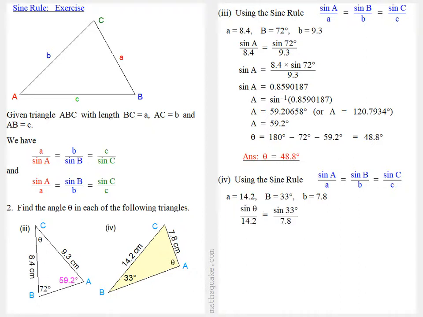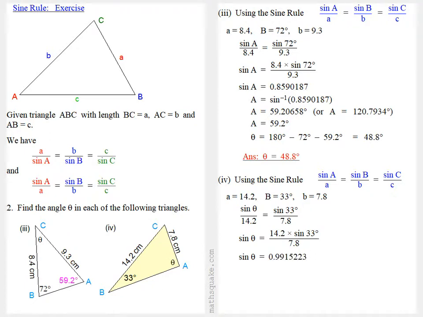So putting them in the formula, we have the sine of theta over 14.2 equals the sine of 33 over 7.8. Multiplying both sides by 14.2 gives the sine of theta is equal to 14.2 times sine 33 over 7.8.